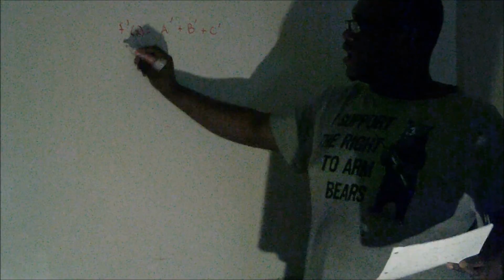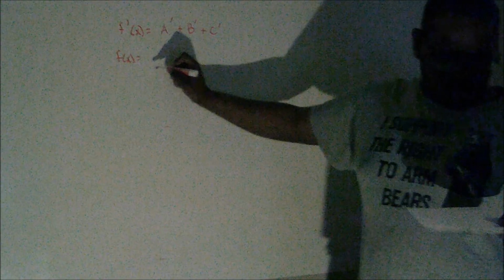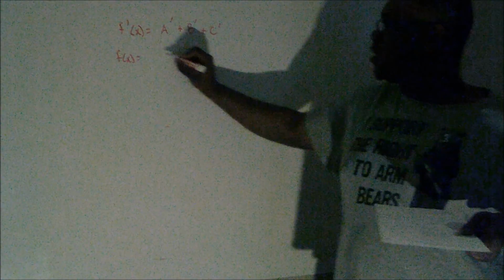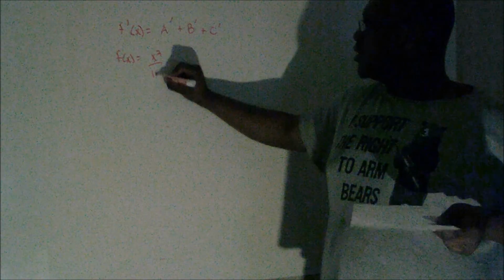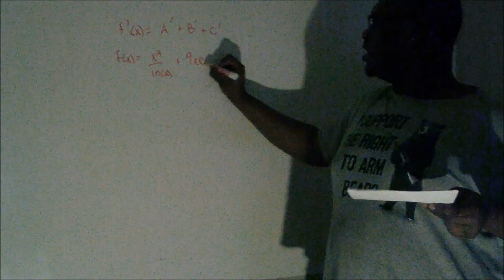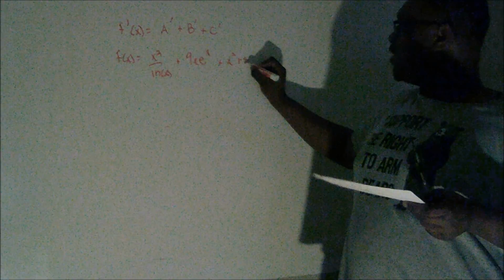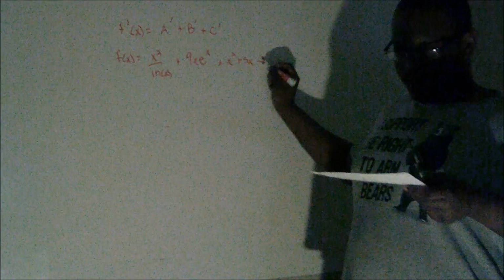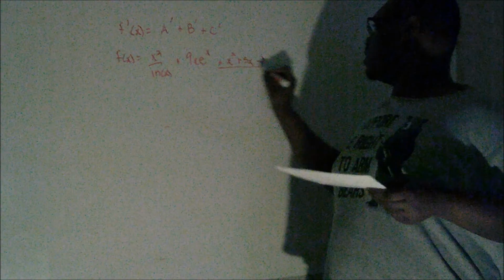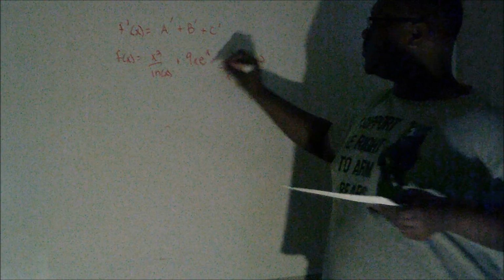So we have f of x equals x squared over natural log of x plus 9x e to the x plus x squared plus 5x minus 2 all over x cubed plus x. And I'll move this plus sign over here.